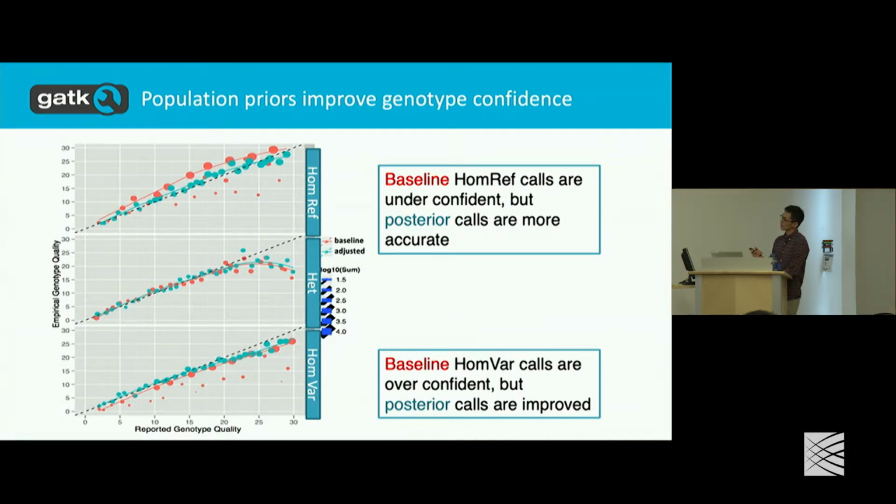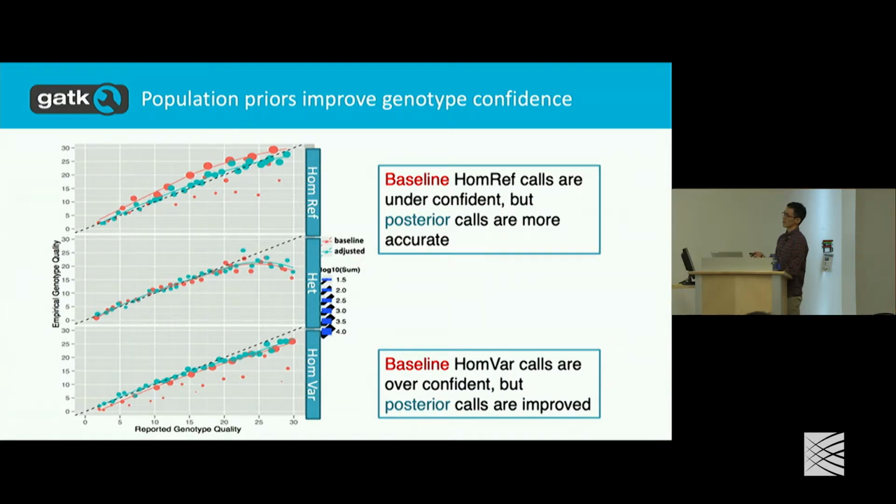So we can see the kind of effect running calculated genotype posteriors has on the quality of the variants. Here, on the x-axis, we have the reported genotype quality, which is what the workflow calculated. Blue is after applying calculated genotype posteriors, and the red balls are before.